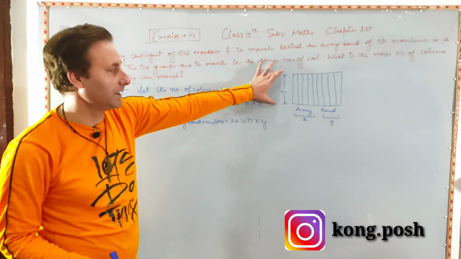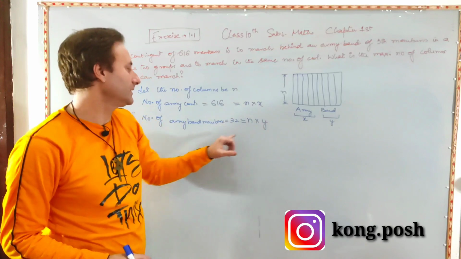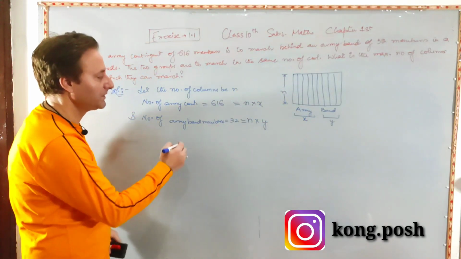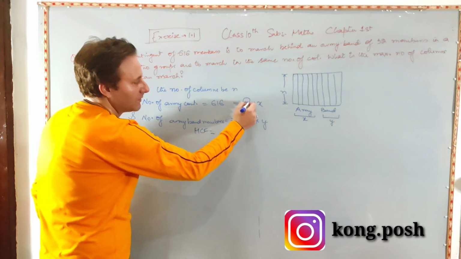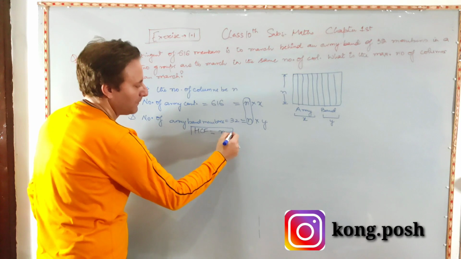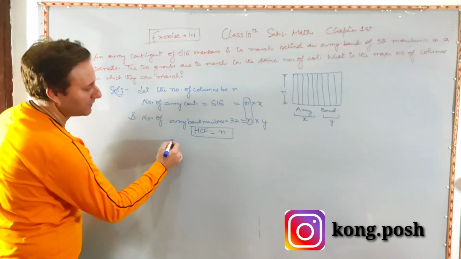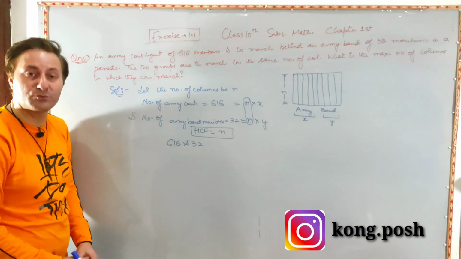So for n number of things, army means n into x, then we have band, that is n into y. What does that mean? If I have to find the HCF, HCF means the common thing, I need to find the n, right? So how to find it? I have two numbers, one is 616 and 32. We will use the same Euclid's division.